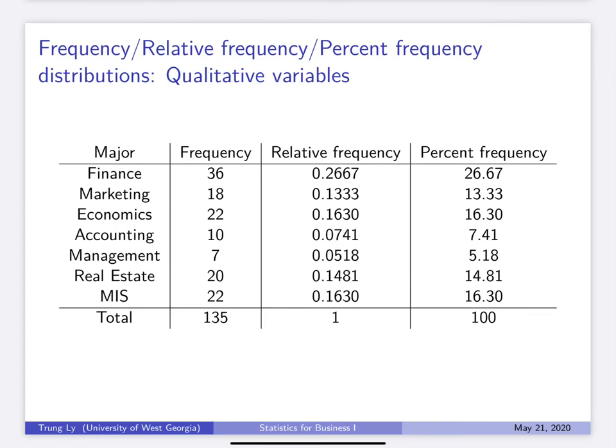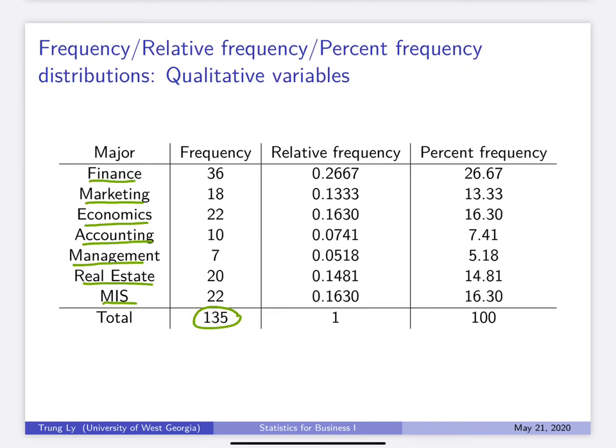So here in this data set, I have a total of 135 students, right? And I have divided these students by majors. So I have finance majors, marketing majors, economics majors, accounting majors, and so on and so forth.